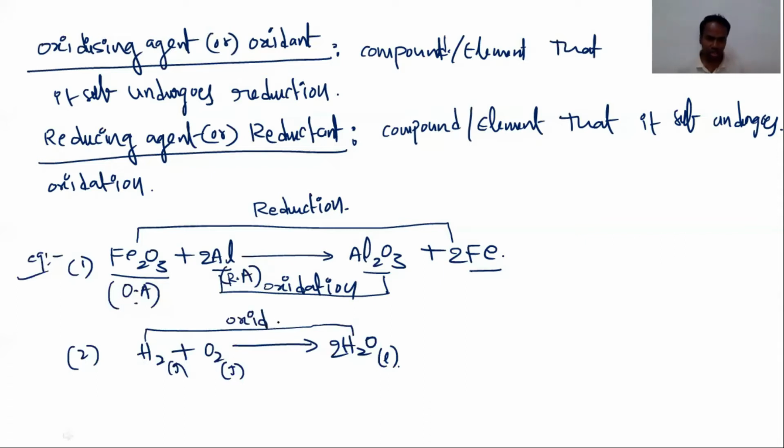H2 undergoes oxidation. When you compare the oxygens on both sides, reactants and product side, here with oxygen, no hydrogen; here with oxygen, hydrogens are there. So gain of hydrogens, and gain of hydrogen is called reduction.